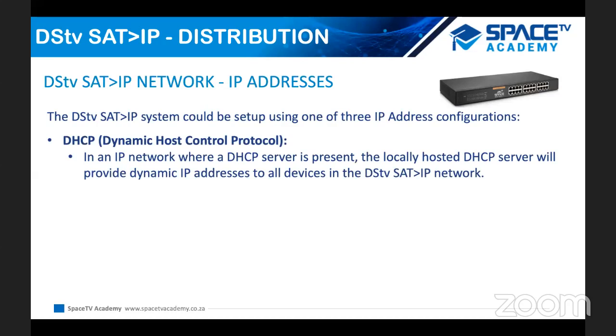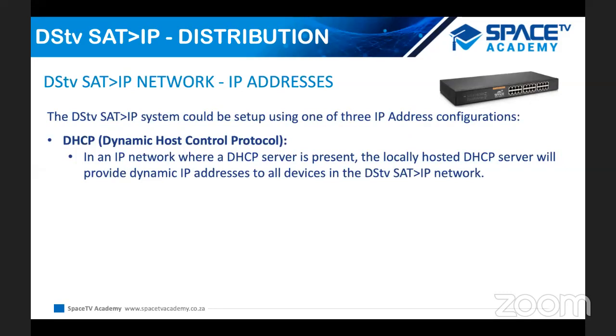The first one being DHCP, Dynamic Host Control Protocol, in an IP network where a DHCP server is present. So in other words, in the network where you have an external DHCP server, because the SATIP server does not have a built-in DHCP server, the locally hosted DHCP server will provide dynamic addresses to all devices in the DStv SATIP network.